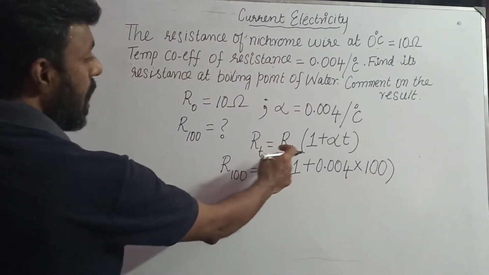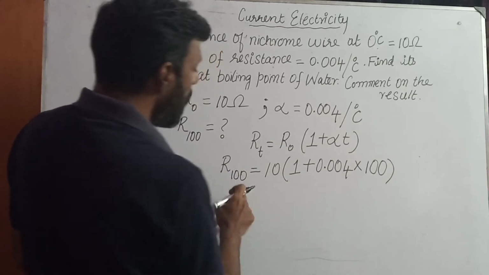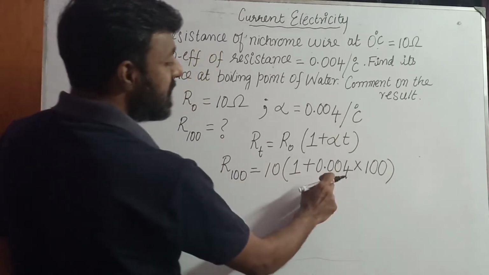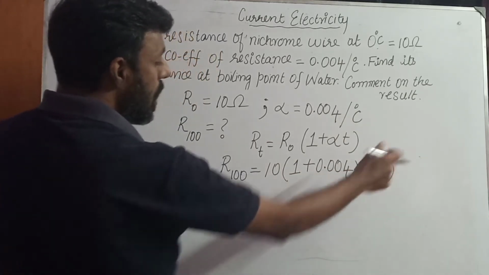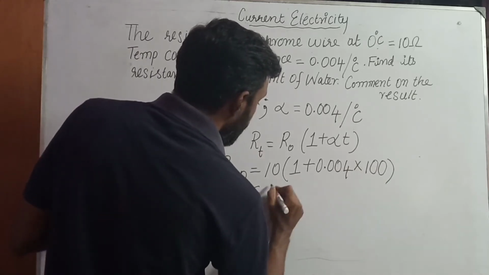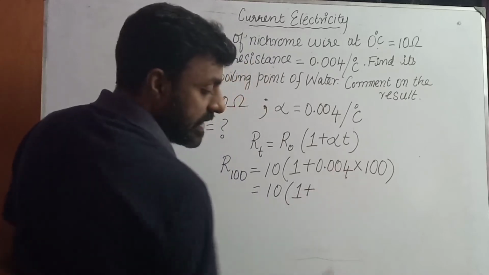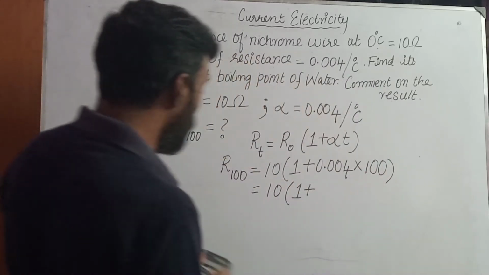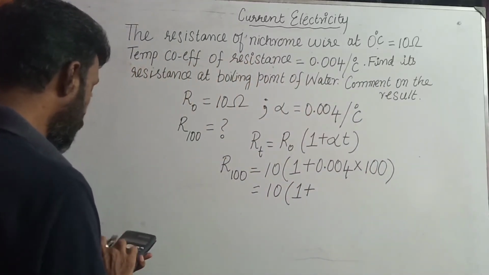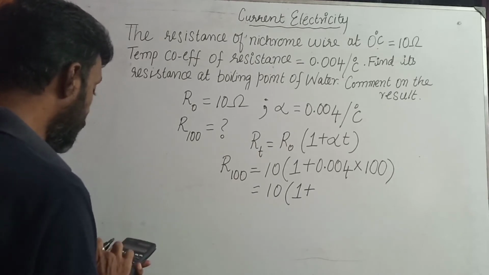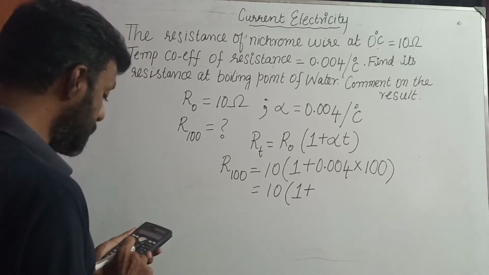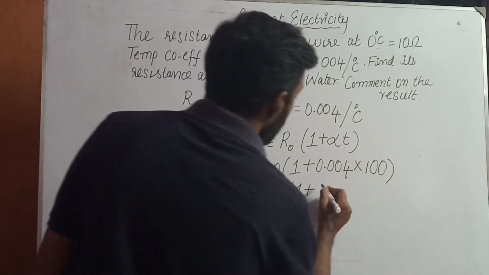So RT equal to R0 into 1 plus alpha T. R100 is equal to 10 into 1 plus 0.004 into 100. 0.004 into 100 is 0.4.